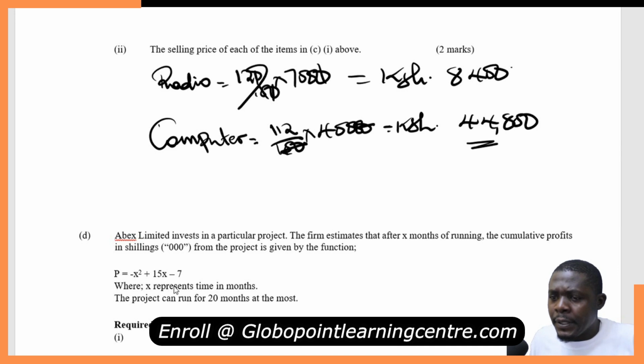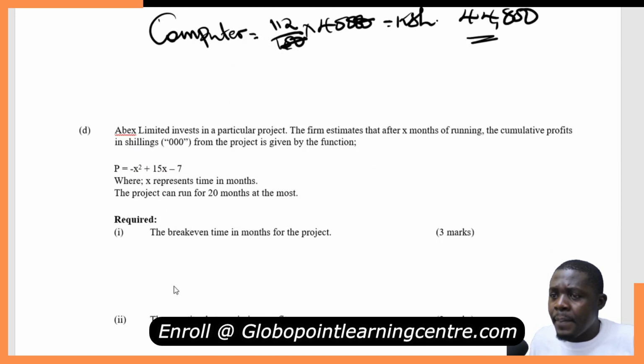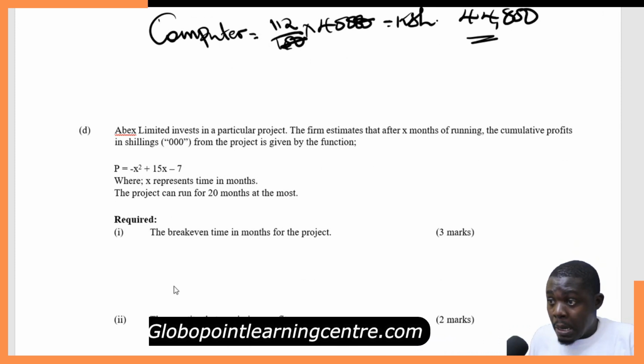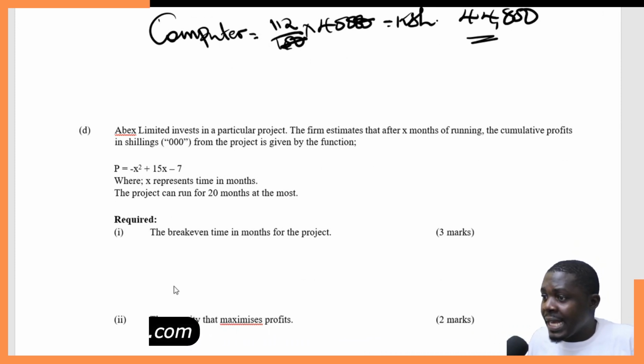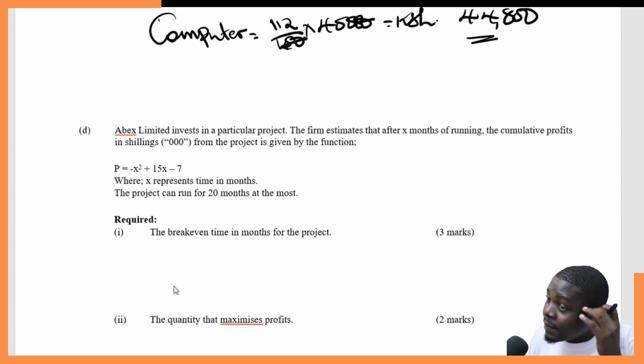But D, we are told that Apex Limited invest in a particular project. The firm estimates that after x months of running, the cumulative profit in shillings, in thousands, from the project is given by the function. That's the profit function.